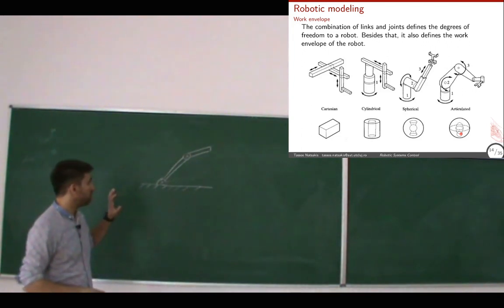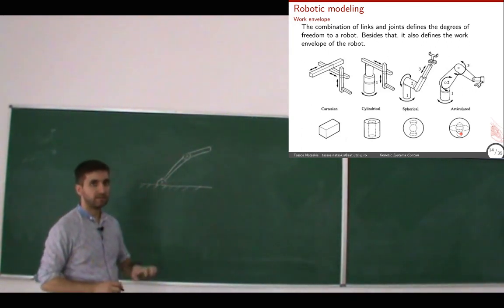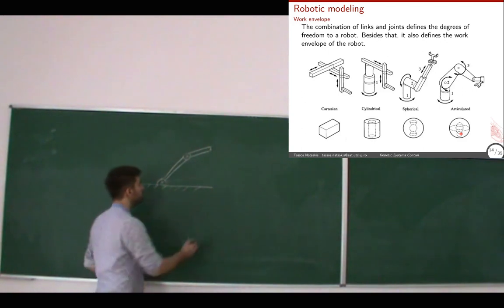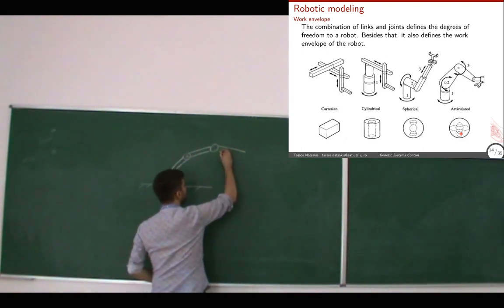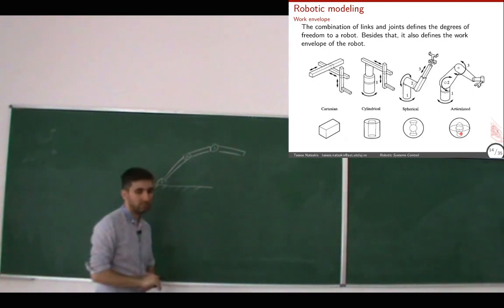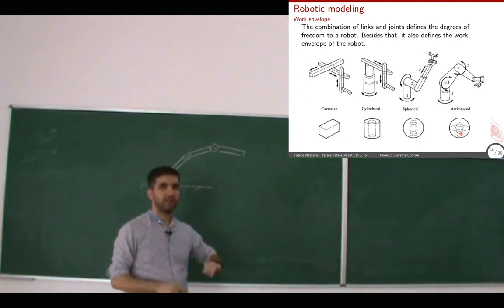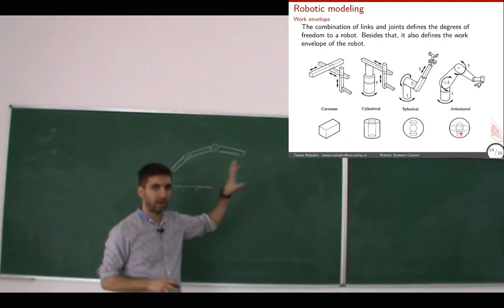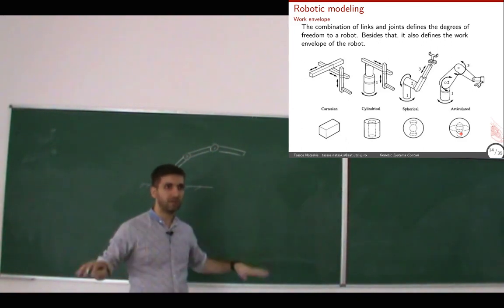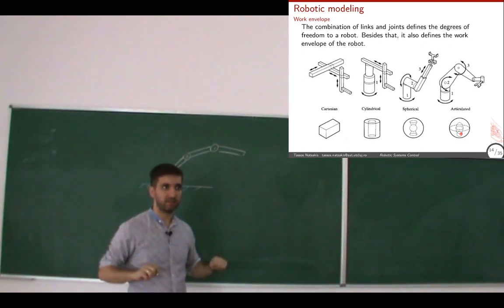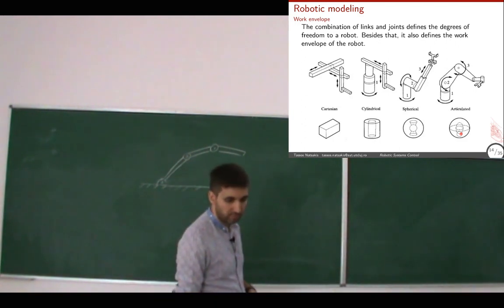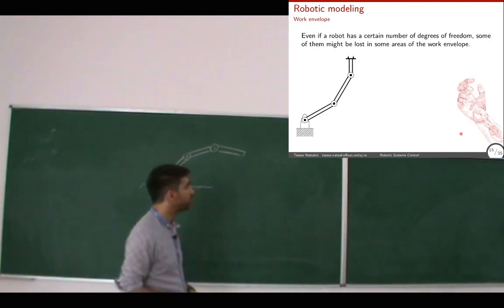Now, even if a robot has, let's say, 3 degrees of freedom, let's say a robot like this, it might have fewer degrees of freedom in some part of the work envelope. It might lose some of its freedom in some parts of the envelope. So here, for instance, you can see an example.